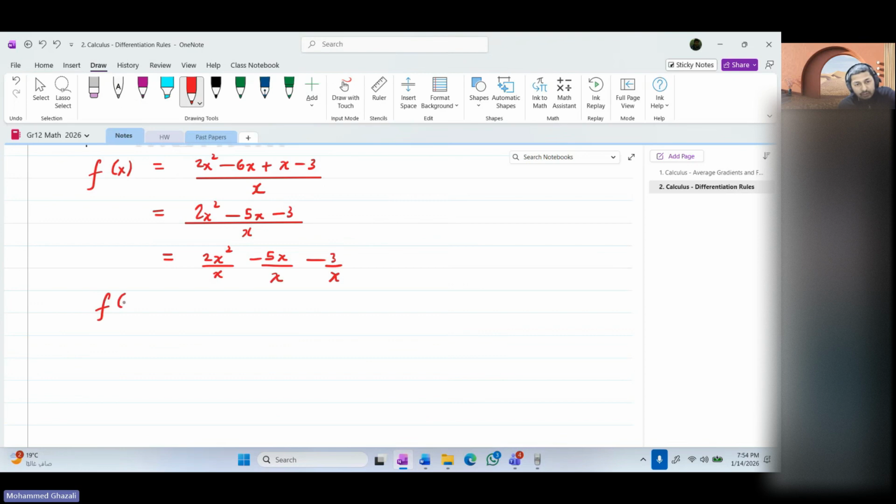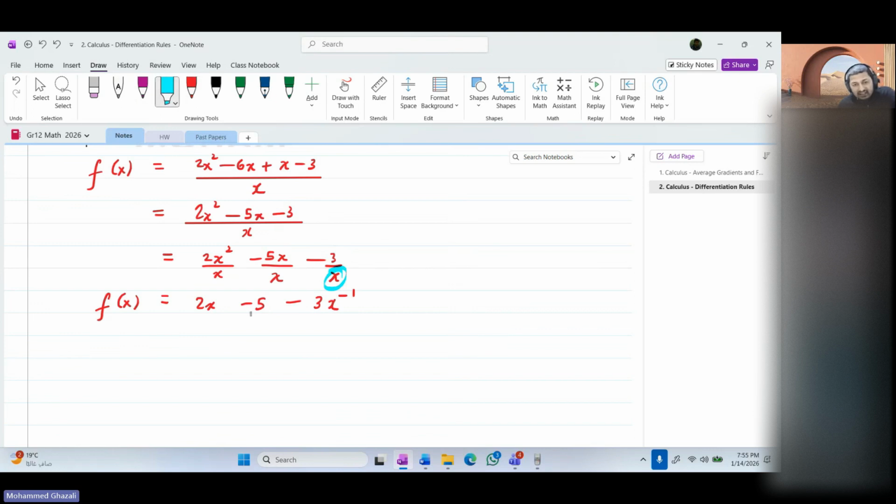Now see, put it in power form. So if you write this in power form, 2x squared divided by x, x cancels out, so you're just left with 2x. X and x cancel out, so we're left with minus 5. And this is minus 3. Put it in exponent form. So this denominator goes up, becomes negative 1.